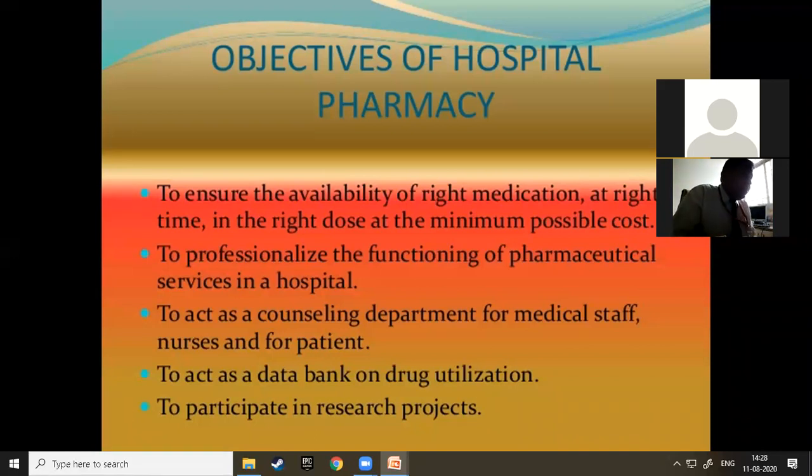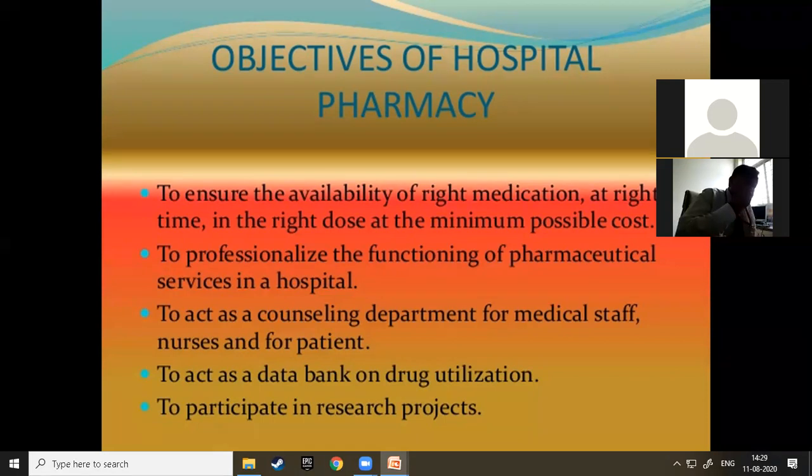Also, he must know the drug utilization, whether the drug is distributed properly or not. To avoid any misuse, some documentation is required to maintain proper drug distribution in a hospital.